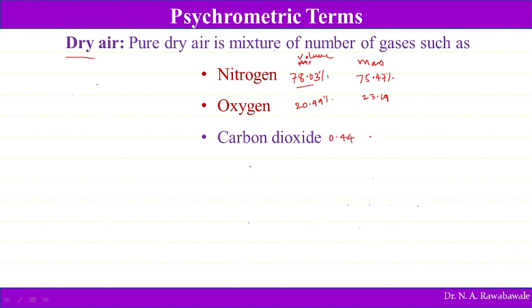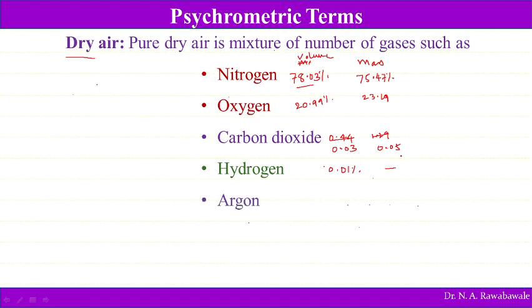Sorry, carbon dioxide is not 0.94%; it is about 0.03% by volume and 0.05% by mass. Then hydrogen is present, which is 0.01% by volume, and by mass it is negligible.